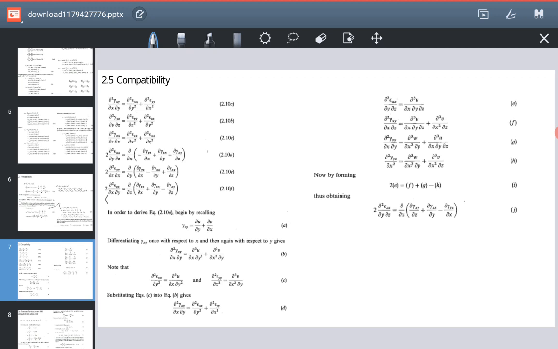So in order to check whether a certain system behaves in such a manner, we have invented compatibility checks to ensure we are dealing with a compatible system. We have these equations, and we are going to learn how we actually arrive at them.